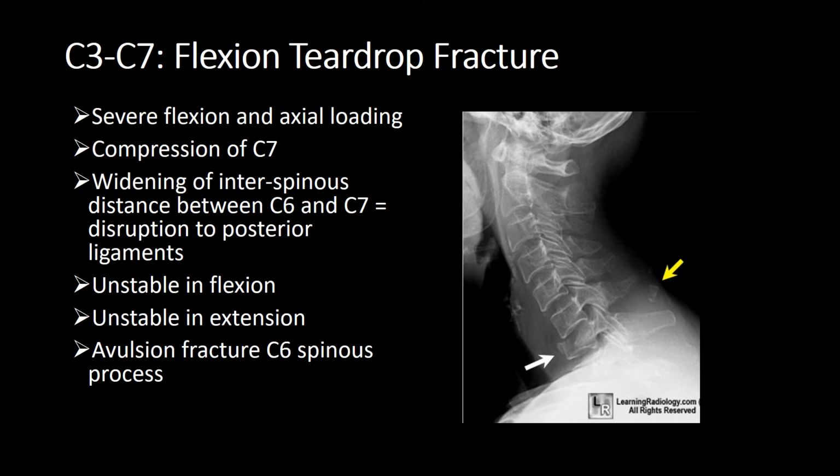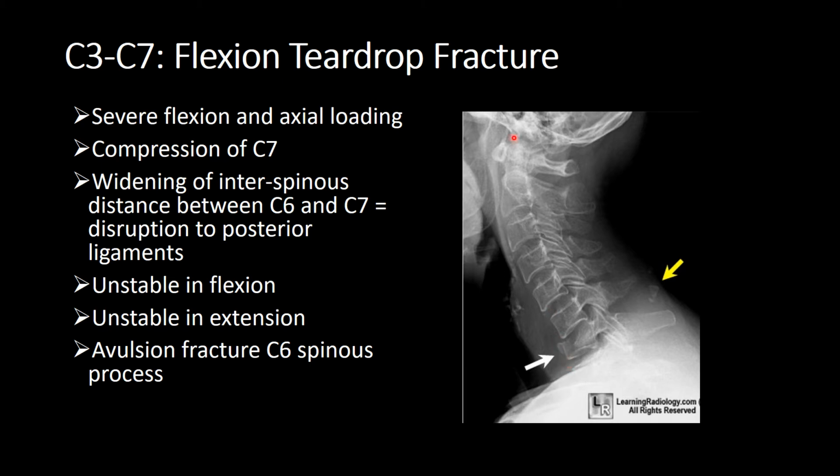Okay, A is for alignment. So we come down the anterior vertebral line and suddenly we've got a step here. There's a step in the anterior vertebral line at C7. This is abnormal.